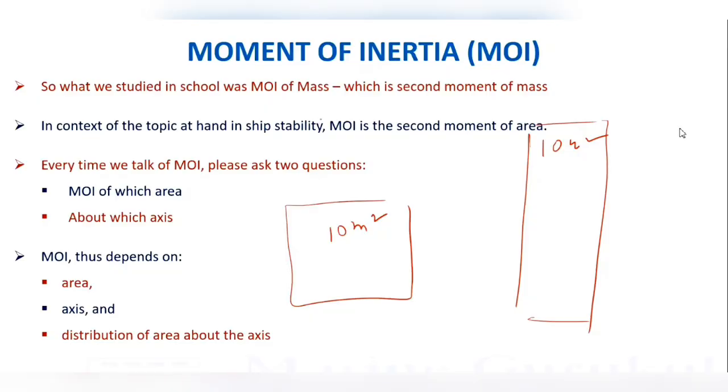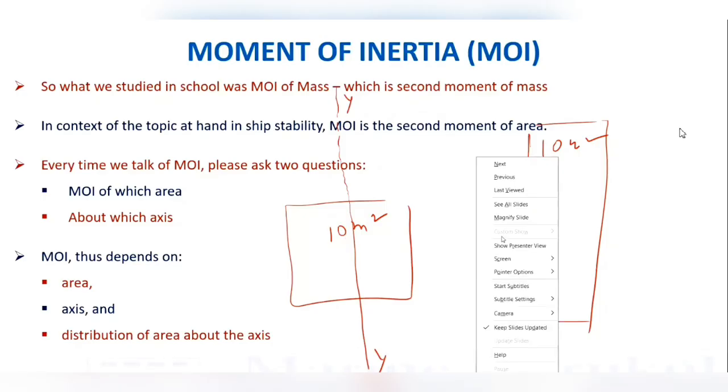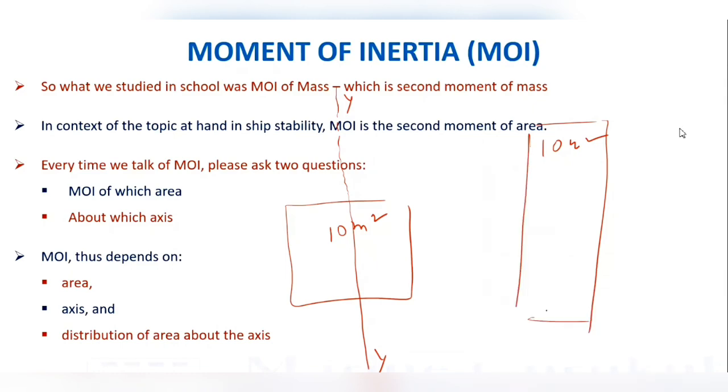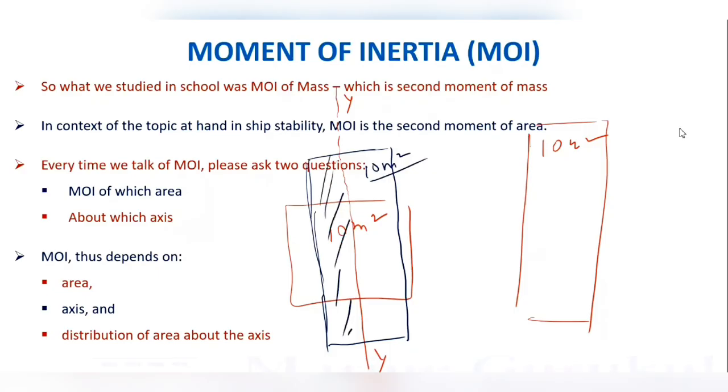Let us say this is the axis YY about which I want the moment of inertia for the area represented by the red one. Now I change the shape of the area and make it a rectangle, retaining the area to be 10 square meters. The axis is the same, the amount of area is the same, but the distribution of the area in the blue one is different from the distribution of the area in the red one about YY.